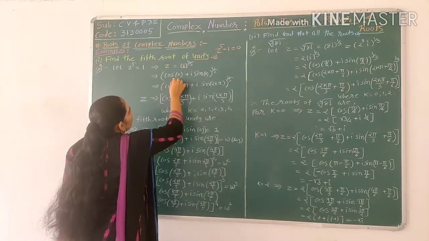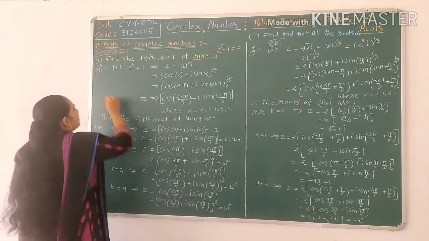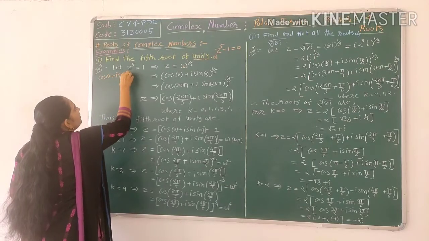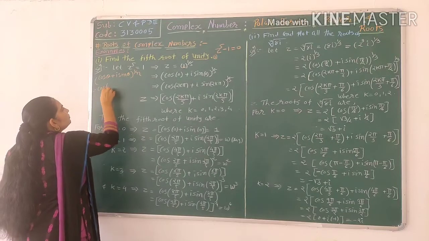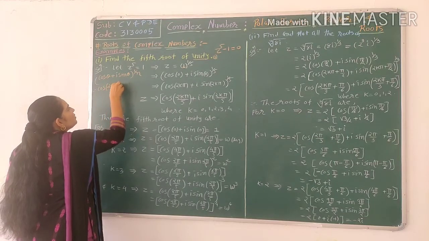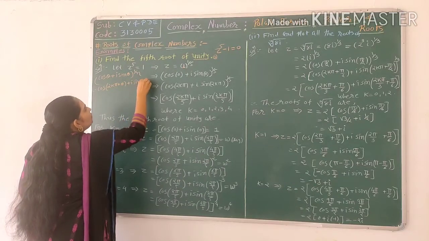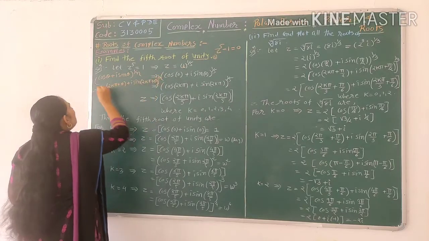Now we know that the formula for the roots of a complex number is (cos theta plus i sin theta) raised to 1 upon n is equal to cos (2k pi plus theta) plus i sin (2k pi plus theta), raised to 1 upon n.